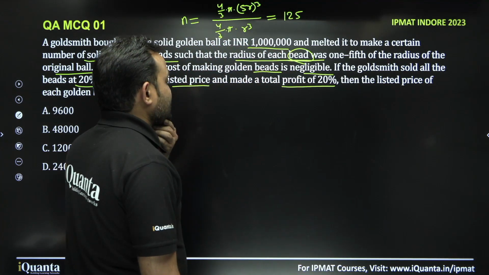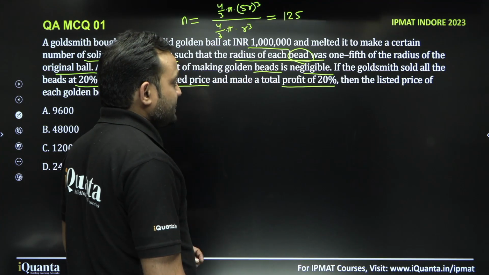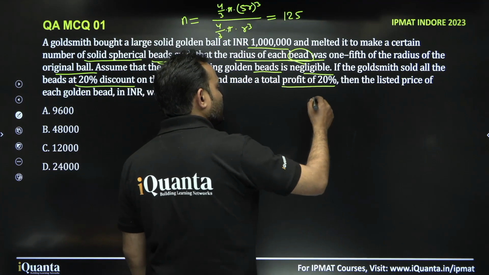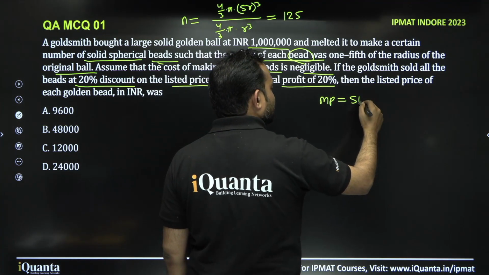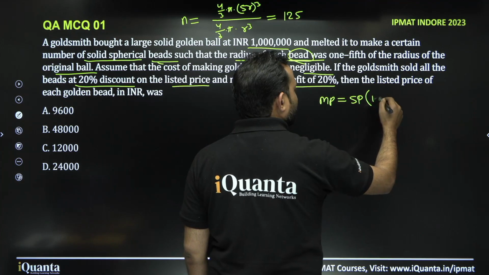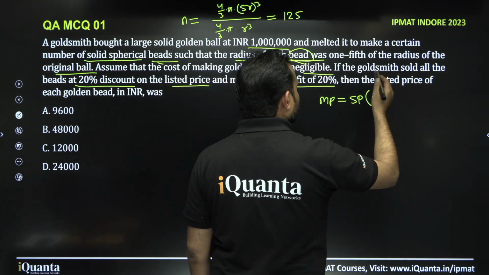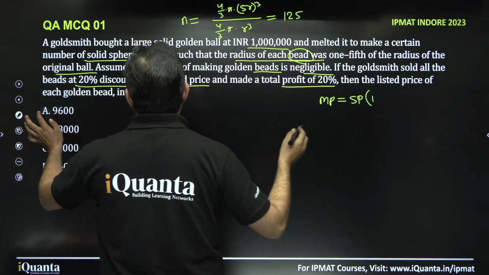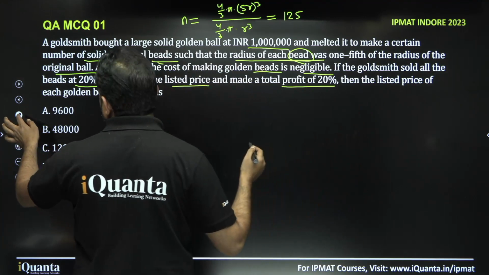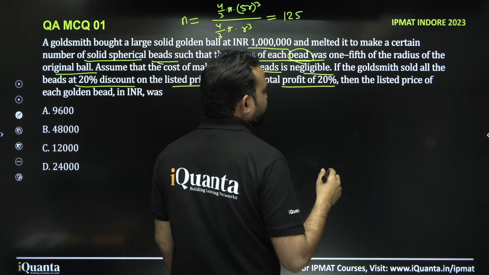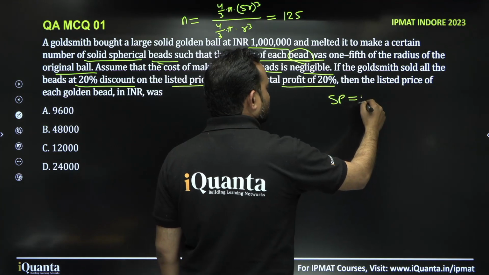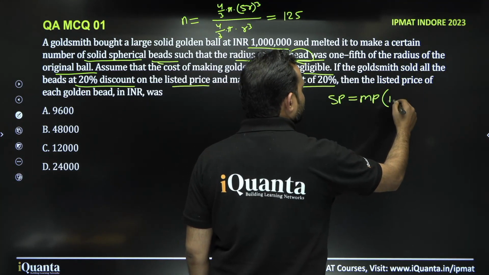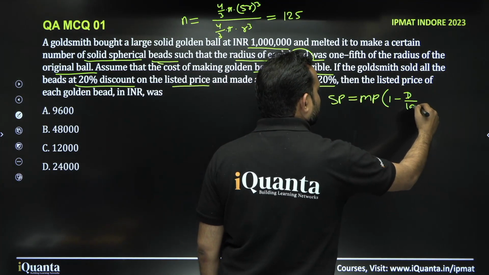So how do we calculate mark price? If we write selling price in terms of mark price, selling price is equal to mark price into 1 minus d by 100.